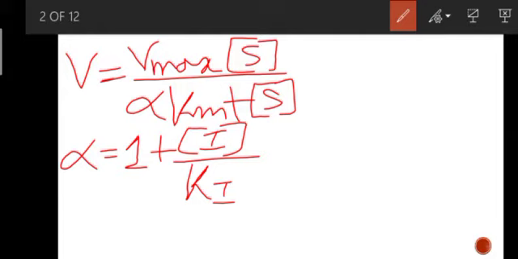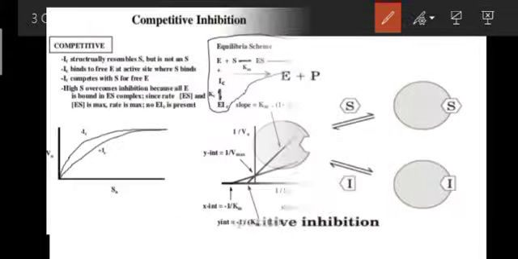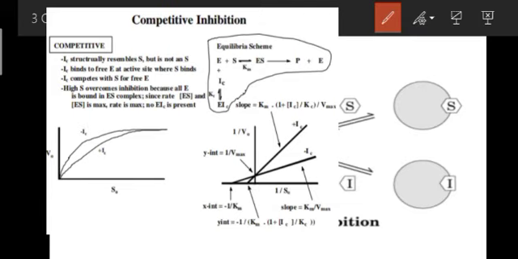Important features of competitive inhibition: this experimentally determined variable alpha Km, the Km observed in the presence of the inhibitor, is often called the apparent Km. Because the inhibitor binds reversibly to the enzyme, the competition can be biased to favor the substrate simply by adding more substrate.